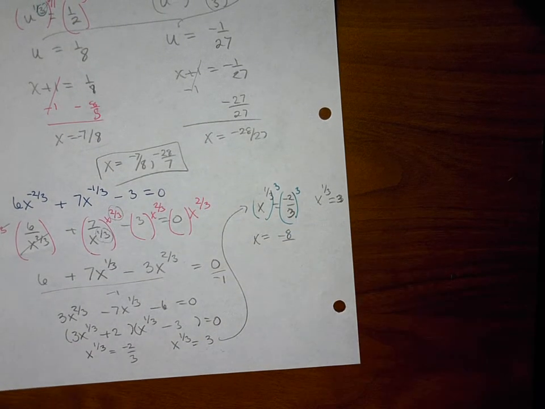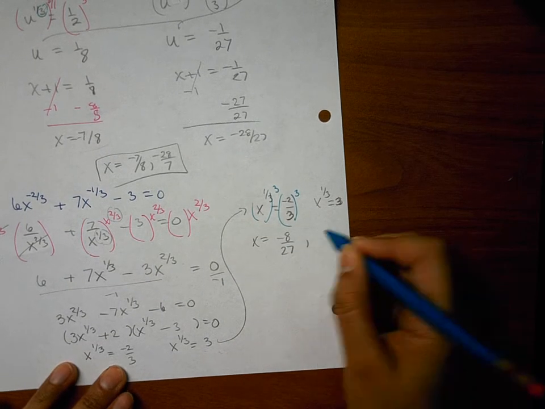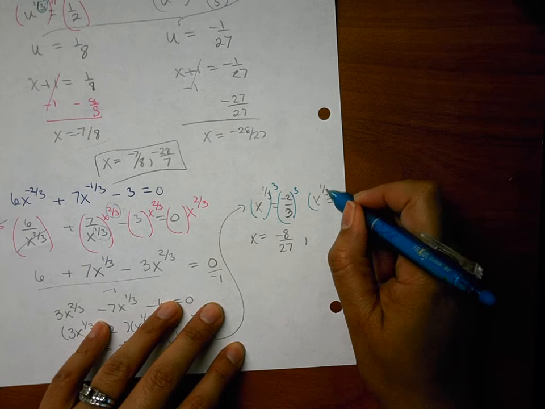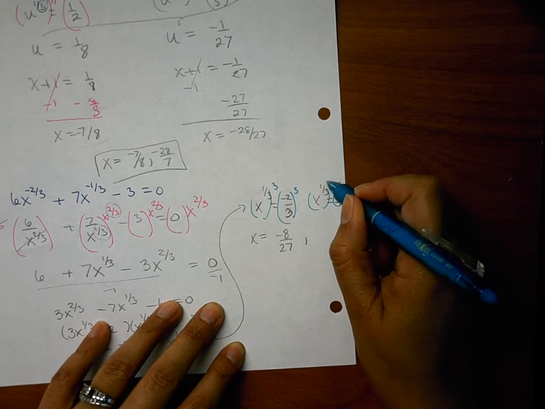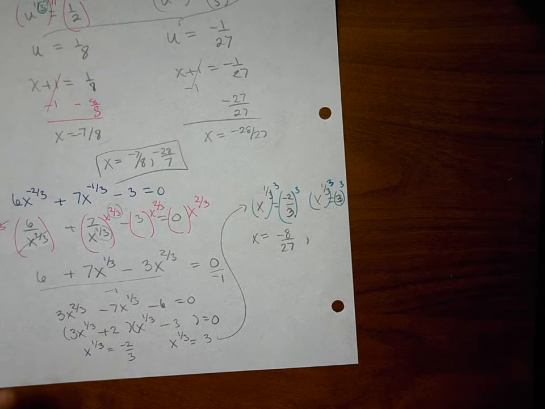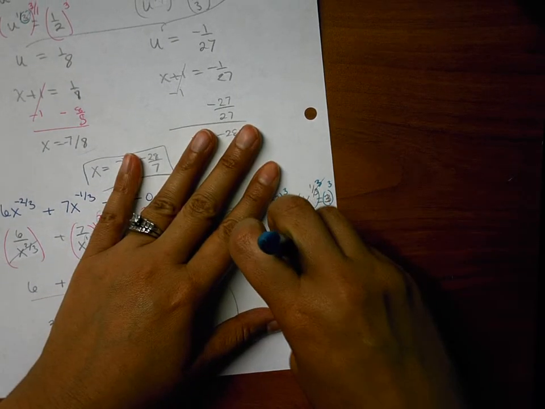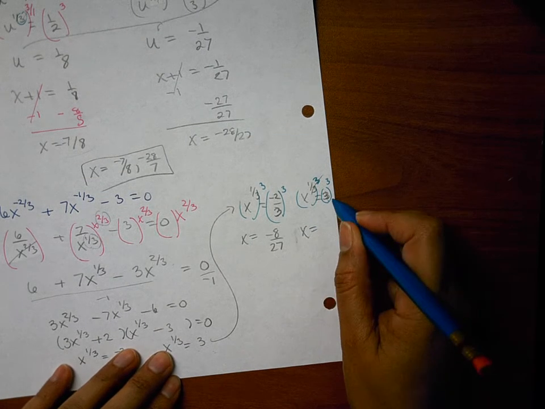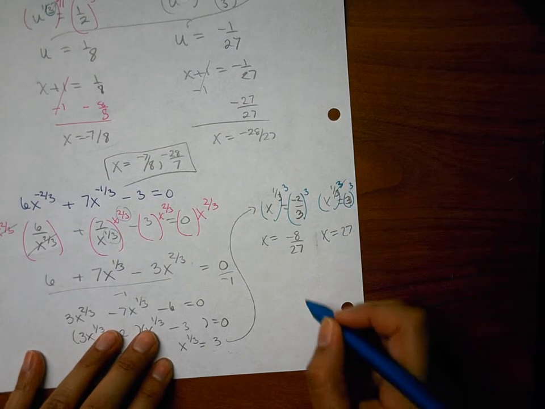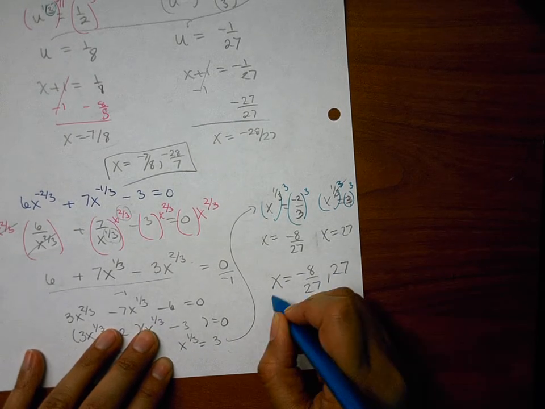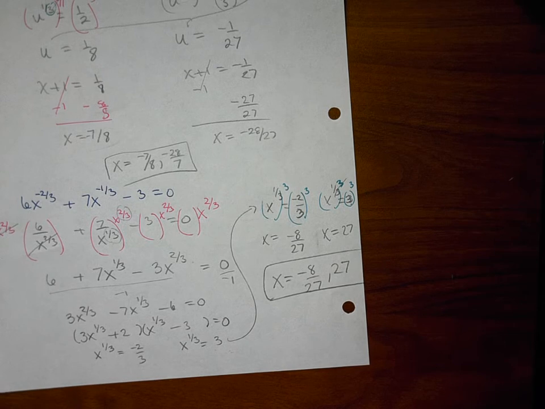X equals -2 times -2 times -2, which is -8, over 3 times 3 times 3, which is 27. Here I'm going to raise both sides to the 3rd power as well. The fractions undo each other, and I get x equals 3 times 3 times 3 is 27. And those two are my solutions, -8 over 27, comma, 27.